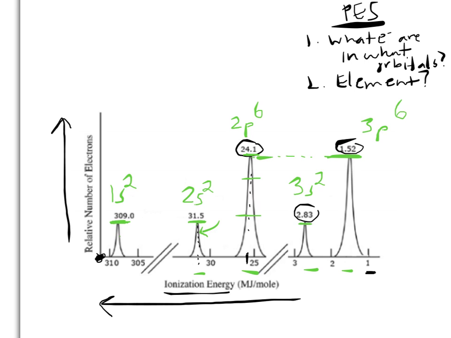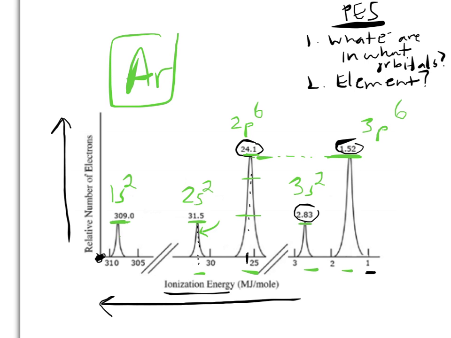So we've identified each one of these peaks. Now we can determine exactly what element this is. You basically just figured out the electron configuration: 1s2, 2s2, 2p6, 3s2, 3p6. I'm going to leave that to you to write out. Therefore, it has 18 total electrons, and this element must be argon.